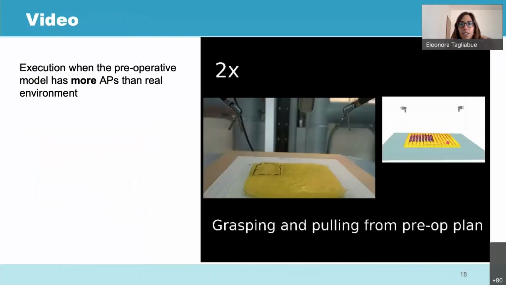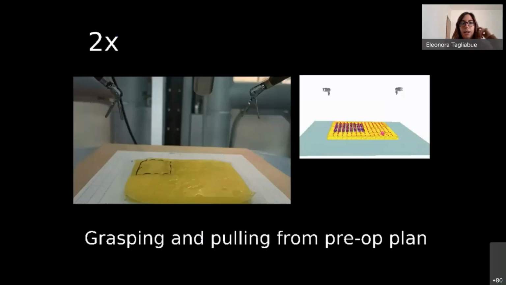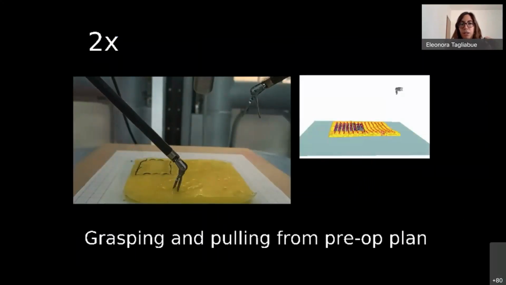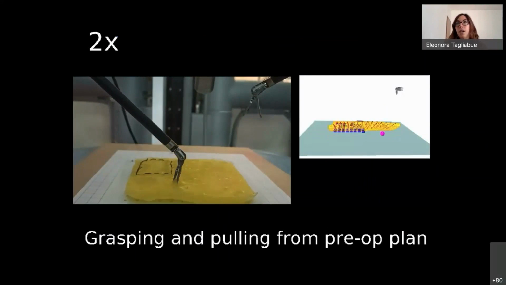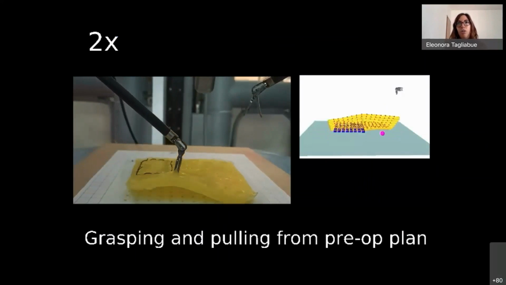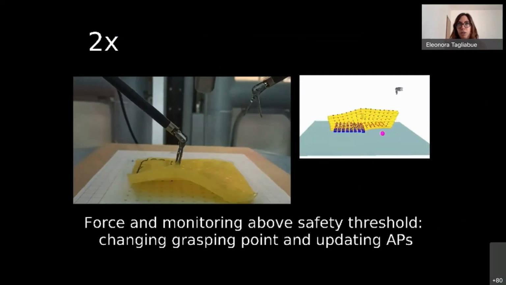As a result, I'll just show you qualitative results with this video, where we can see an example execution. The simulated environment that you can see on the right represents our preoperative knowledge, and in this case, the attachment points are overestimated with respect to the real ones.